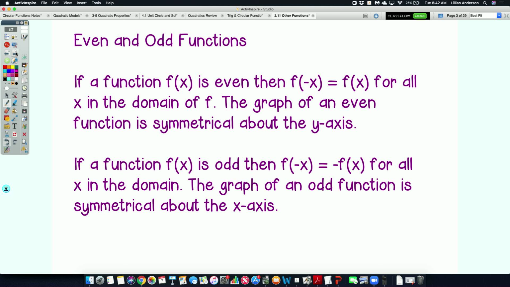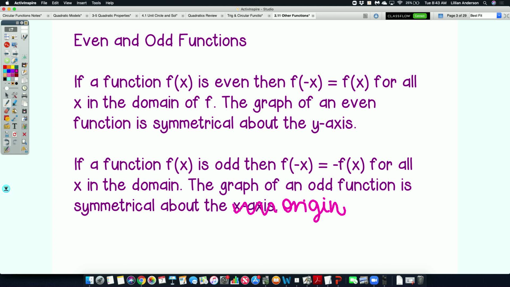And then if a function is odd, again, you take negative x, you plug it in for every x in the function, and if you get negative f of x, then it was an odd function. If it's an odd function, that means it's symmetric about the origin, not the x-axis. That's incorrect.